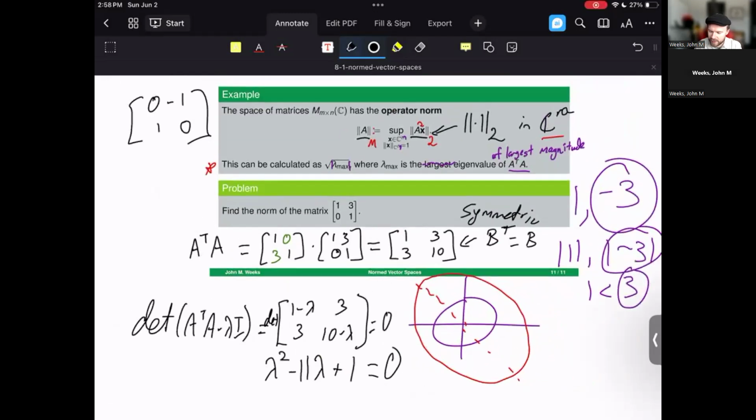So the values of lambda that I'm going to get here are going to be from applying the quadratic formula: 11 plus or minus the square root of 121 minus 4 times 1 times 1. So this is 117 divided by 2. And those are the eigenvalues of A transpose A. Now, from that point, I need to find which one has the largest magnitude.